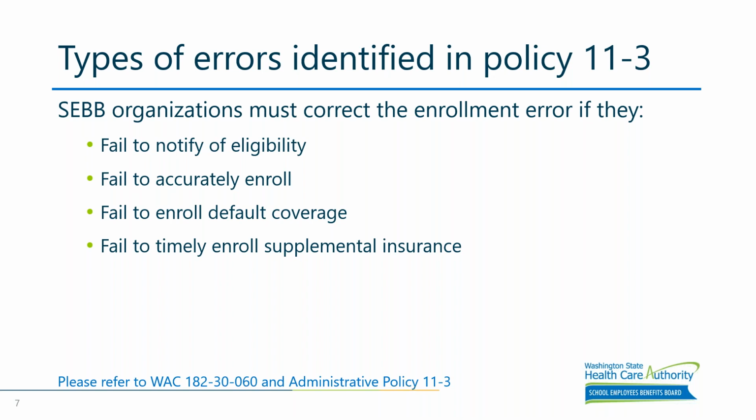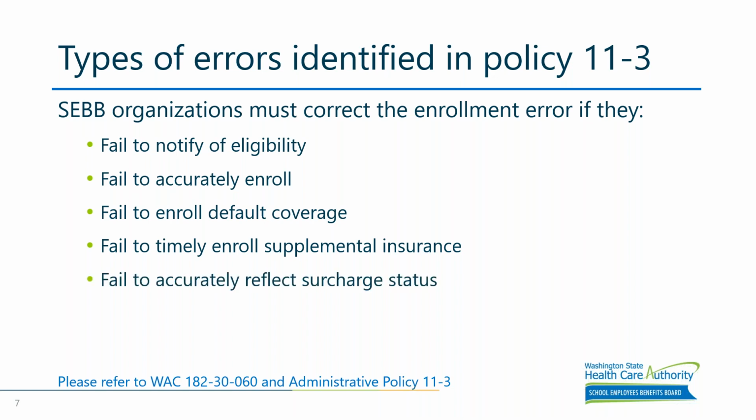A lot of these are when that employee drops off the form and the school district either got lost in the paper shuffle or couldn't find the form or forgot to do the action by enrolling them in SEBB My Account. So again, we highly encourage benefit administrators to tell their employees to use SEBB My Account and try not to submit the forms if possible.